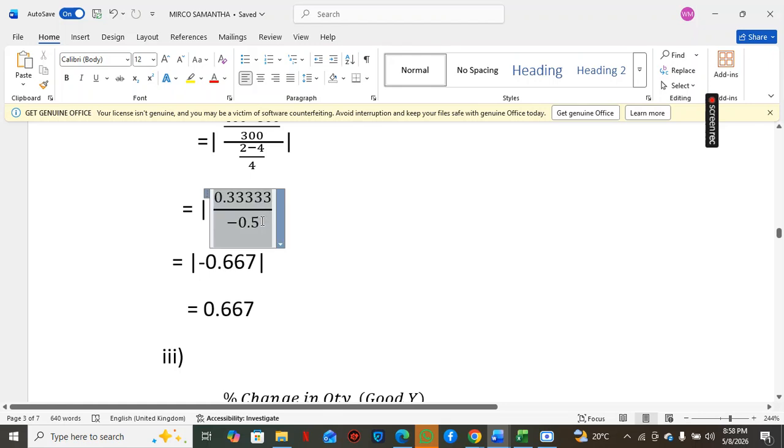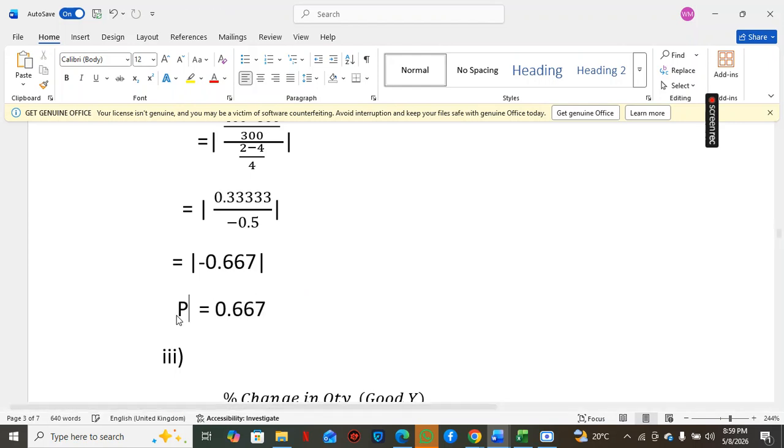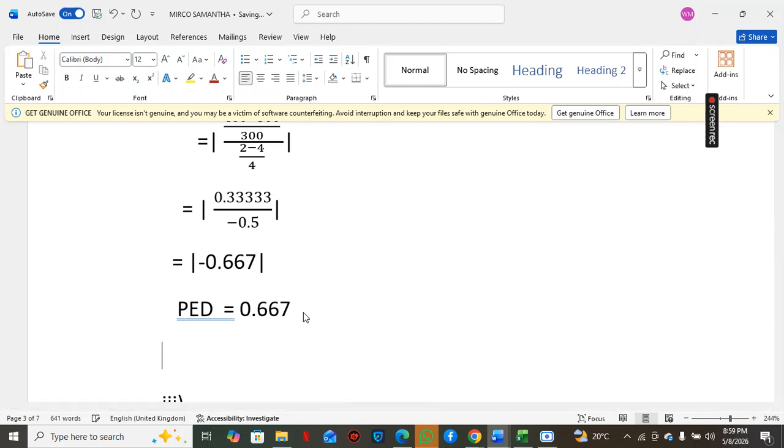Okay. So I'm going to say 0.33 divided by negative 0.5, you get negative 0.667. So the absolute value, where we just ignore the sign, is 0.667. So let me tell you how to interpret this. When your price elasticity of demand is less than 1, then it means demand is inelastic.